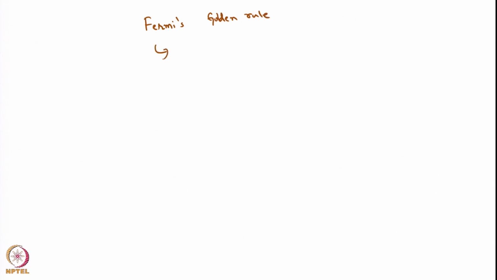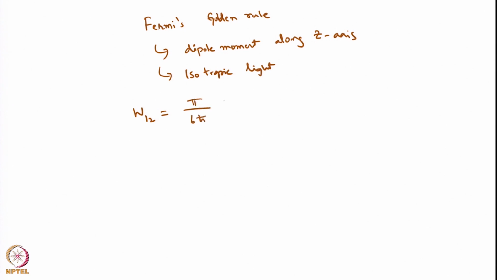and using dipole moment along z axis and also using isotropic light, we said that W12 is equal to pi by 6 h bar integral 2 mu z dot E 1 modulus square rho 2.